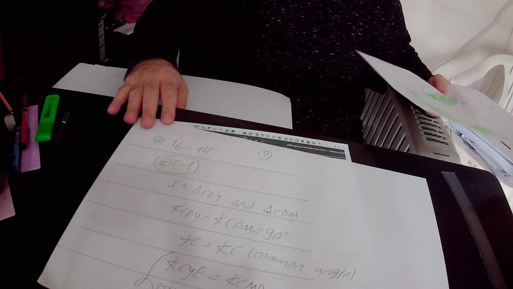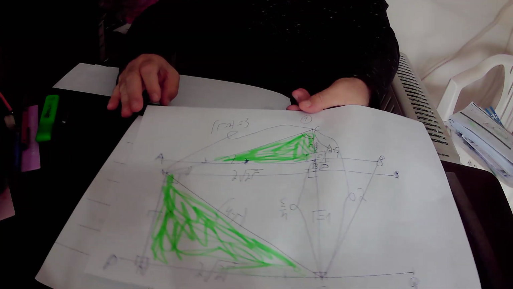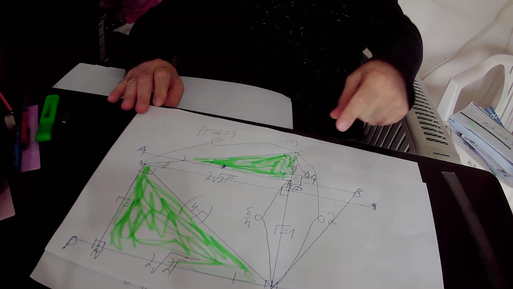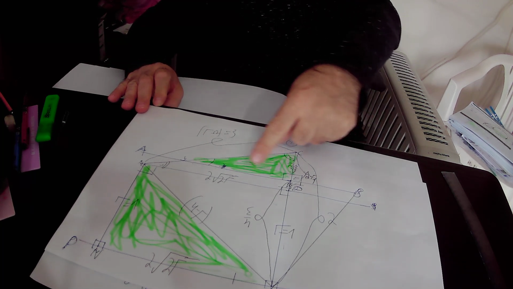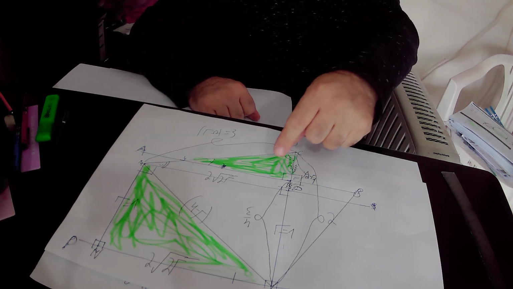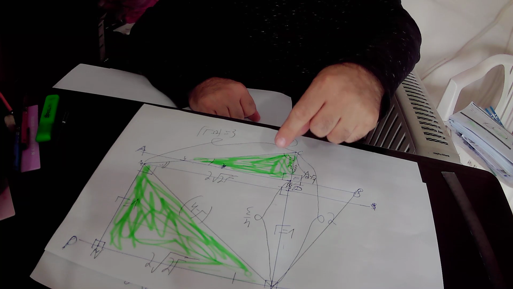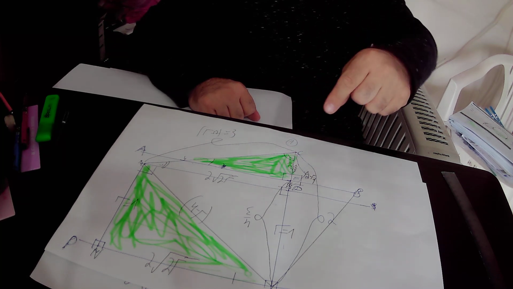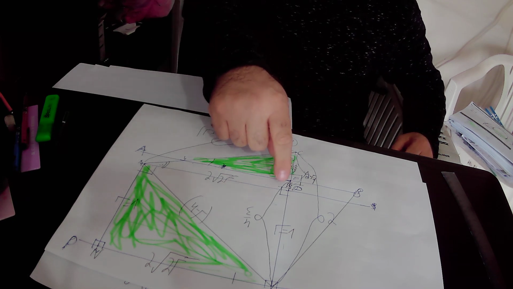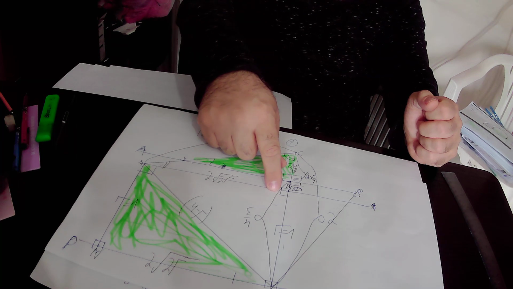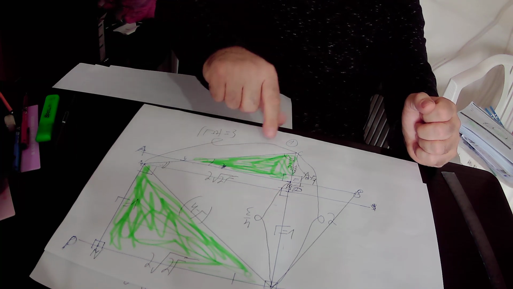In the next step, we focused on the green right triangle CEY, and we've also focused on the right triangle CDM, and we actually proved that those two right triangles are similar to each other. Why are those two right triangles similar? First of all, we have those two angles, and they are equal to each other. They are both right angles.